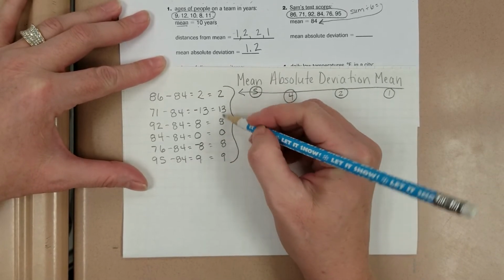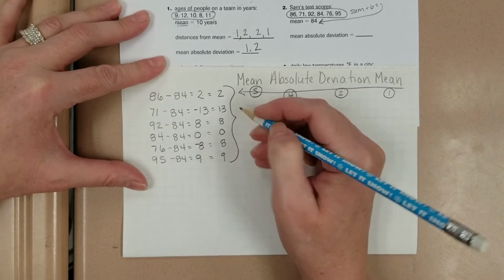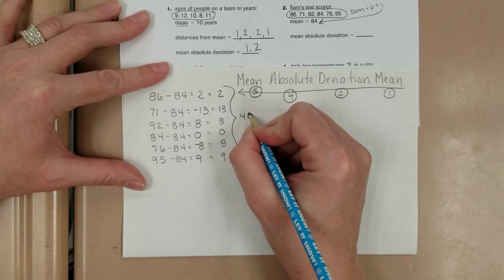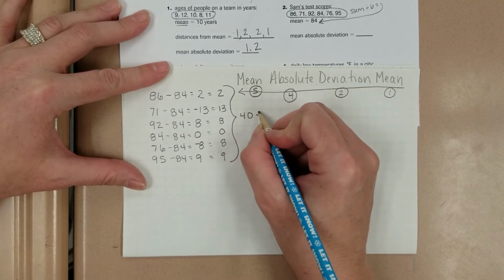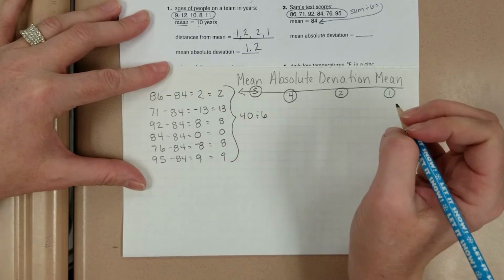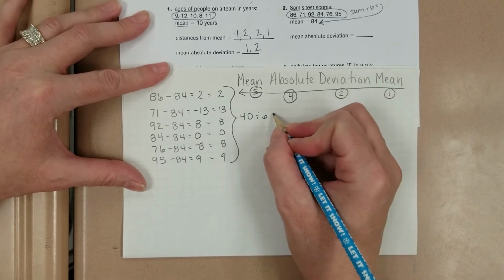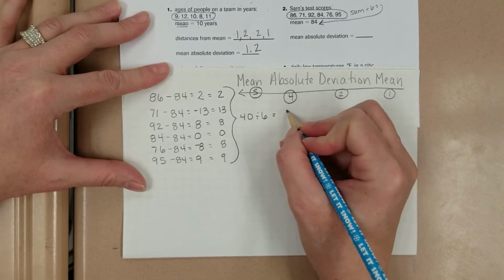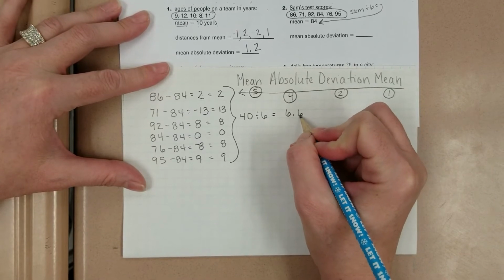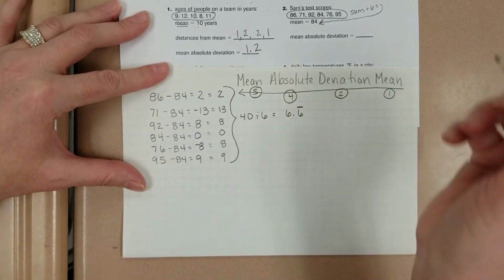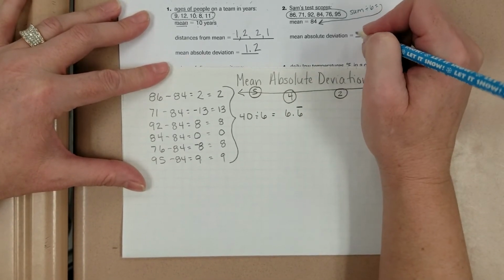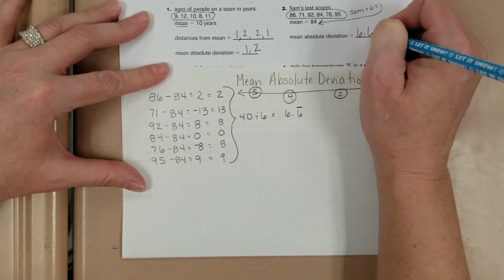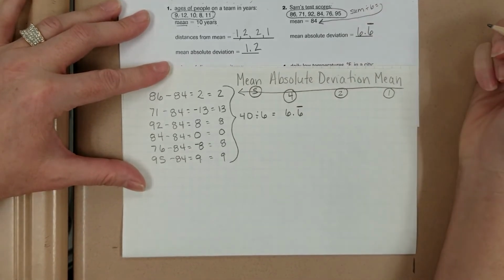So when I add all of these values up, I'm going to get 40. And then I divide 40 by 6 because I have 6 data points. When I do that, and you can use a calculator, you're going to get 6.6 repeating. So the mean absolute deviation is 6.6 repeating.